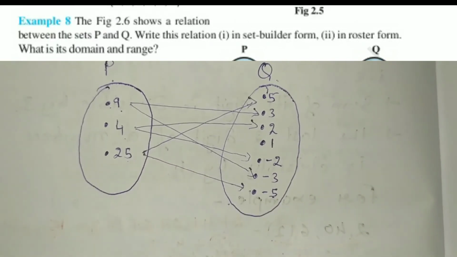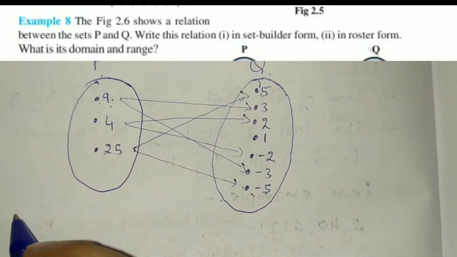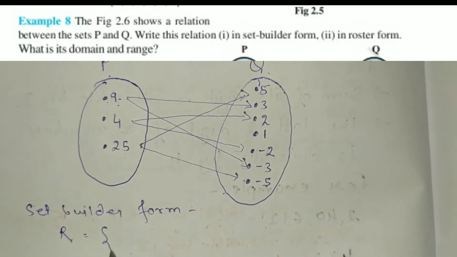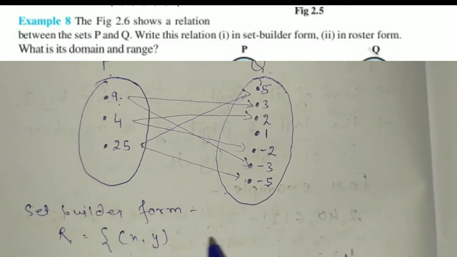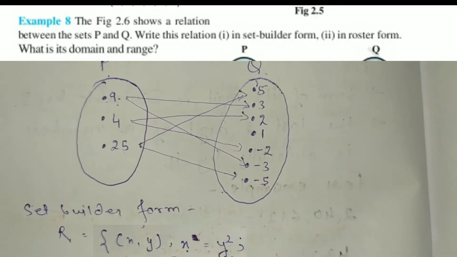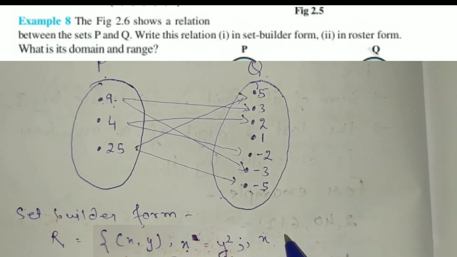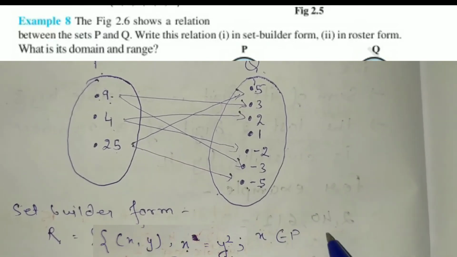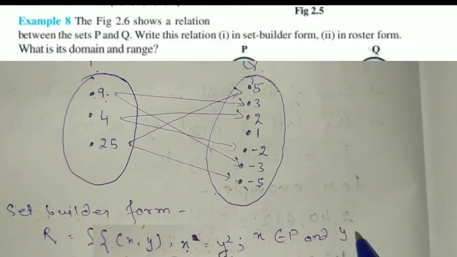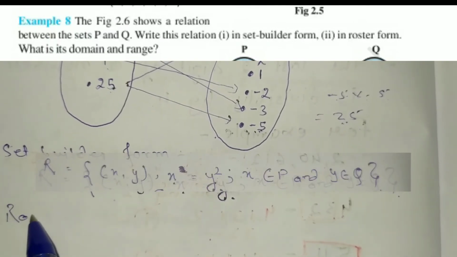So the relation between p and q in set builder form is, we have relation R and two values x and y, where x is the square of y, where x must belong to set p and y must belong to set q. Let's write it in roster form.